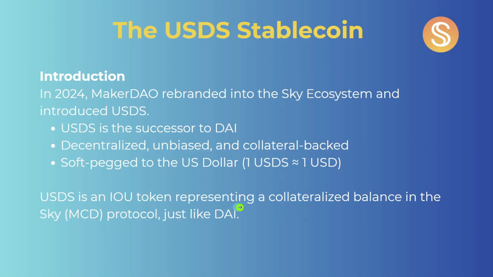USDS is an IOU token representing a collateralized balance in the Sky protocol, just like DAI. So the principle is the same, but as we will see later on, USDS, when it was created, was associated with an improvement of the formerly DAI.